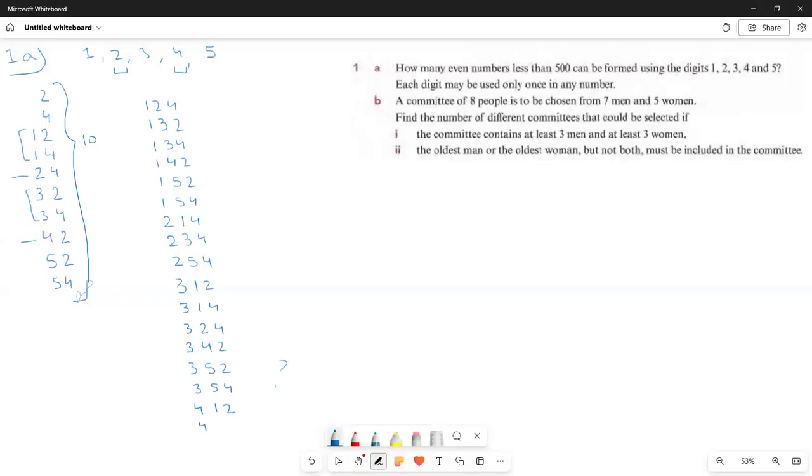Next would be 4, and I cannot make it 2 because then I use both even numbers. So I have to make it 3, 4, 3, and then I will make 2. Next I cannot make 4, 4, so I have to make 4, 5, 2, and this will be the last one because I cannot go beyond this one.